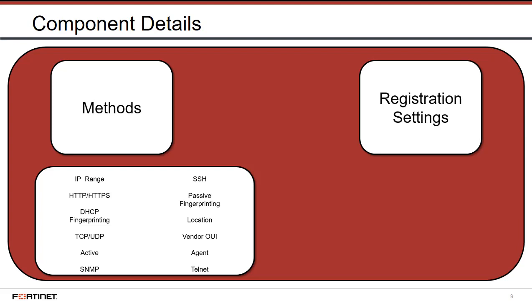Active is an Nmap scan, and that keys upon the operating system information that's returned from the device when it is scanned. Now, we can rely on an existing database, as I mentioned, same with the DHCP fingerprint, but we can also customize our own active results based on the operating system details. SNMP is an SNMP get against the device.